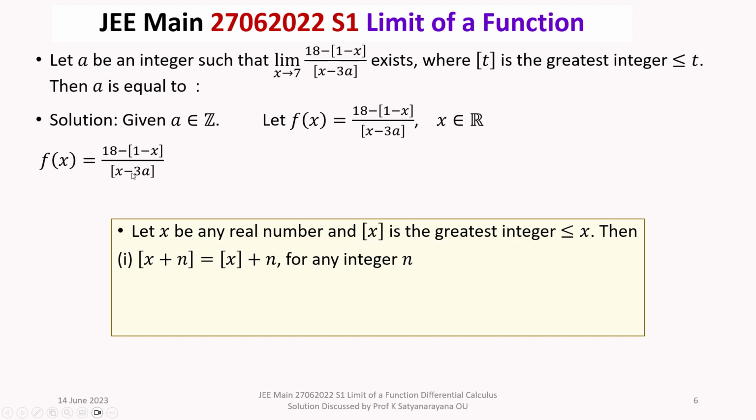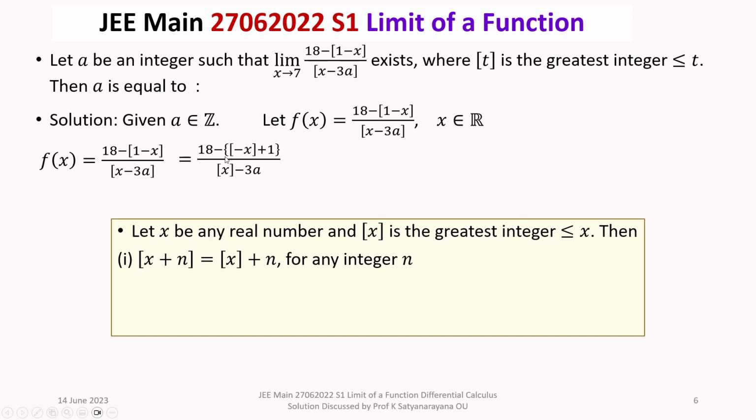Bracket of x minus 3a is equal to bracket x, with minus 3a outside. So that will be 18 minus bracket of minus x plus 1, by bracket x minus 3a. We have applied this formula here. For any integer n, this is true.